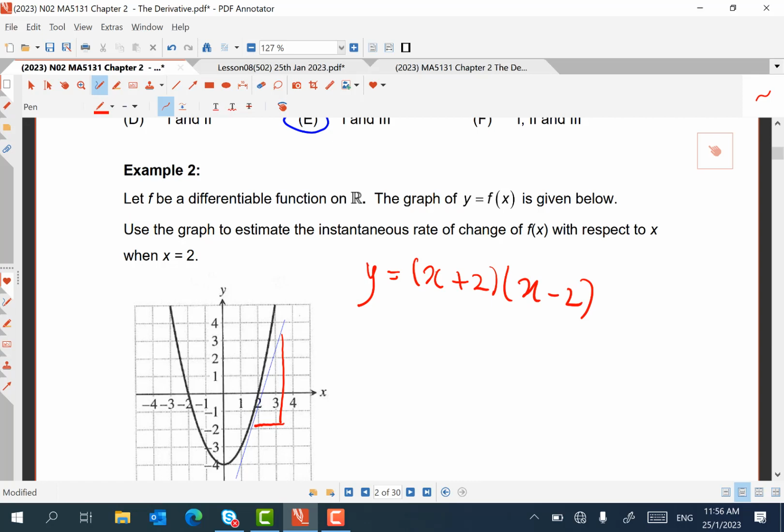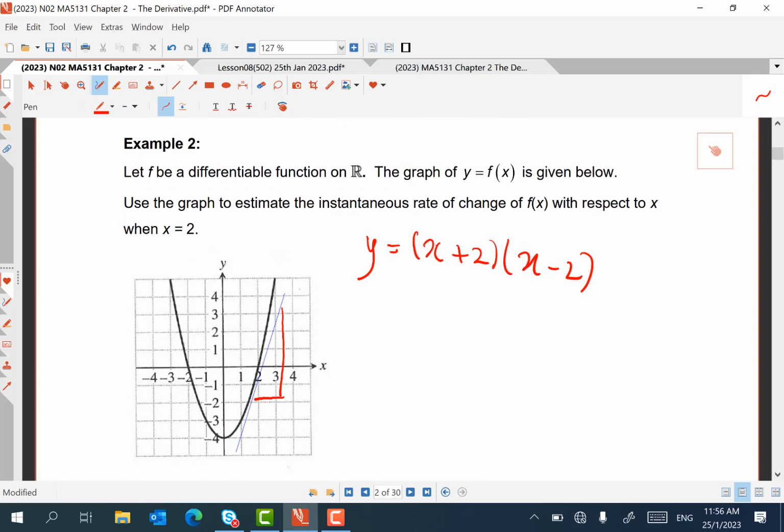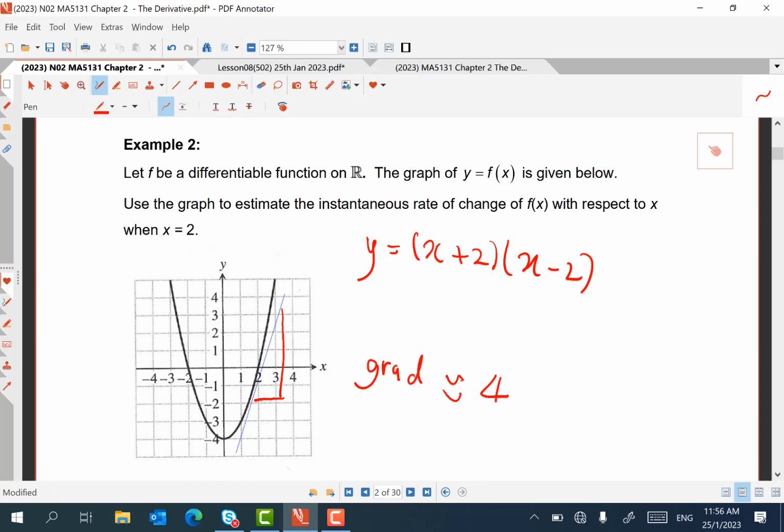This time around, this guess is correct, but in more difficult curves, you just have to hope for the best. You really have to draw the tangent line and do your guesstimation, and it would yield roughly 4 as the gradient.